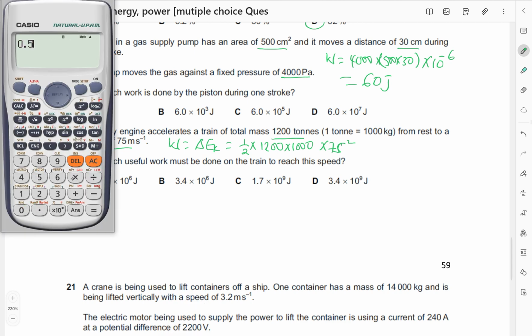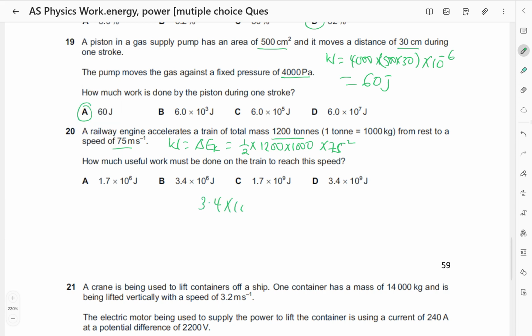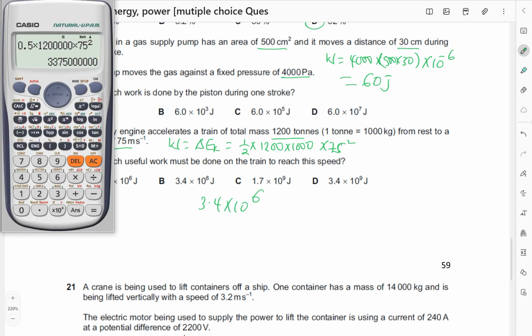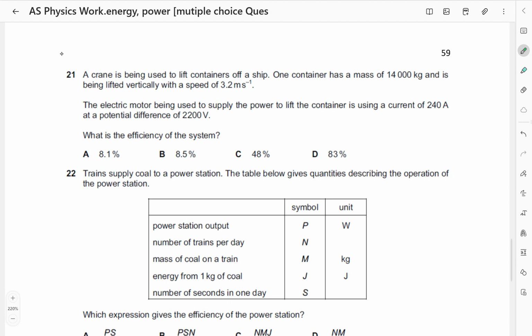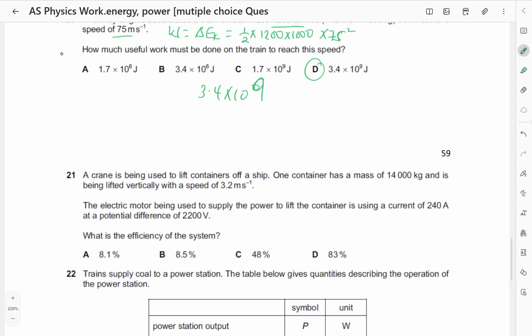So 0.5 times 1,200 times 1,000 times 75 squared. So this is giving me 3.4 times 10 power, are they 6? Let me check. No, they are not 6, they are 9. 3, 6, 9. So times 10 power 9. So the answer is going to be D.